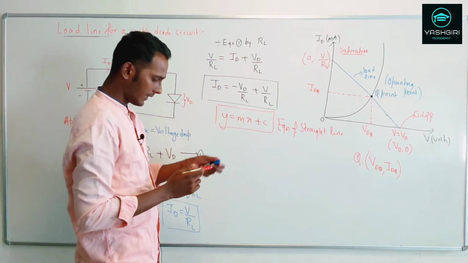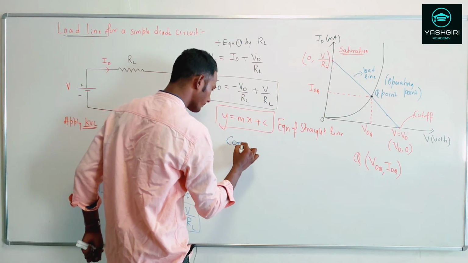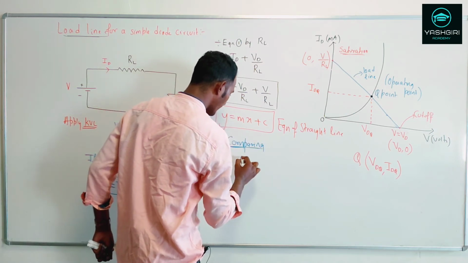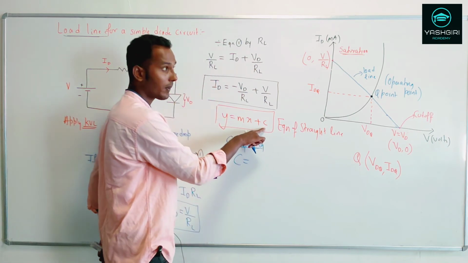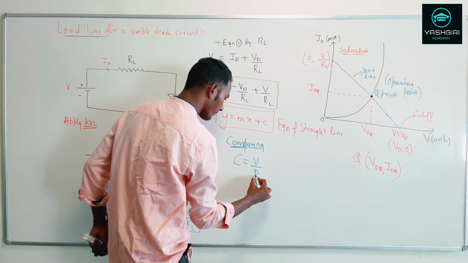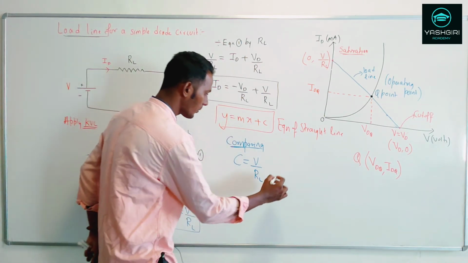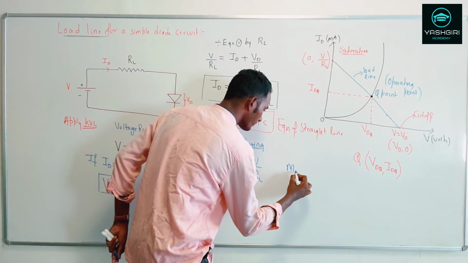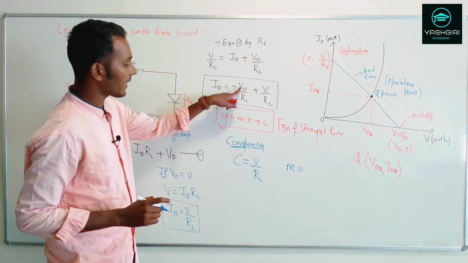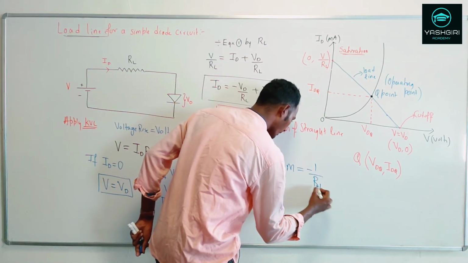Now c is the intercept on the y-axis, which is my V by RL, and m is the slope, which is minus 1 by RL.